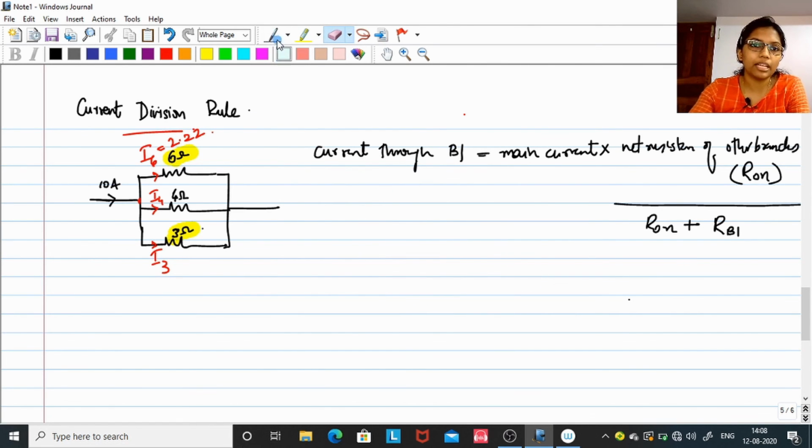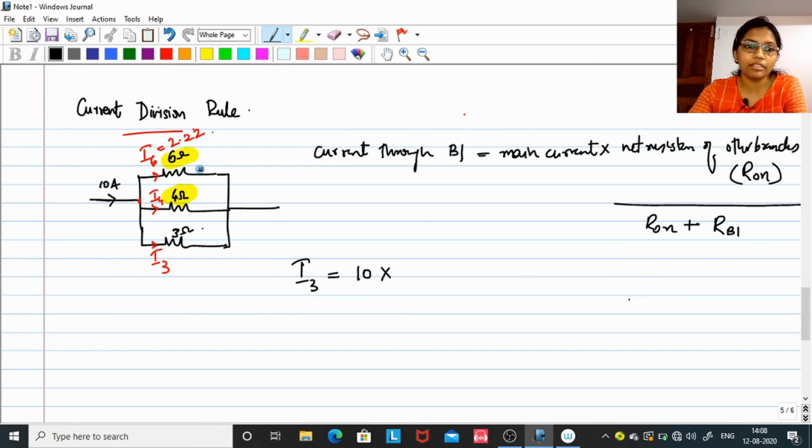Next is the current through the third branch. I3 is equal to the main current, 10 amps, into the other branches. Here the other branches' resistances are 6 ohm and 4 ohm, connected in parallel.